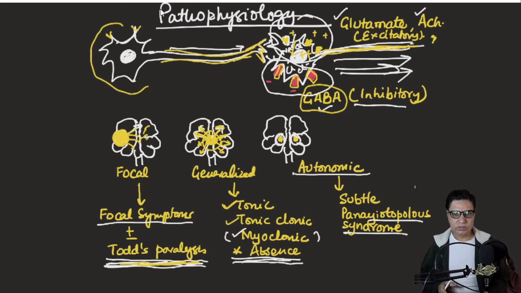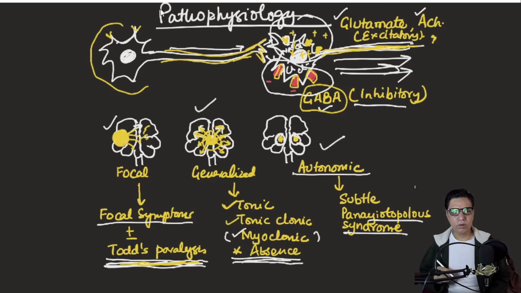So for all the reasons that we discussed, vascular, infections, drugs or neoplasms, they can present as a focal seizure, as a generalized seizure, or as an autonomic manifestation of seizures, leading to different forms of clinical manifestation. Again, clinical manifestation could be in the form of focal symptomatology, focal jerky movements.